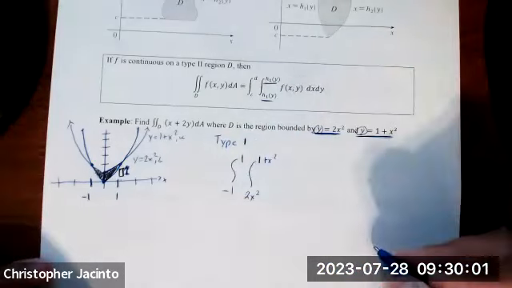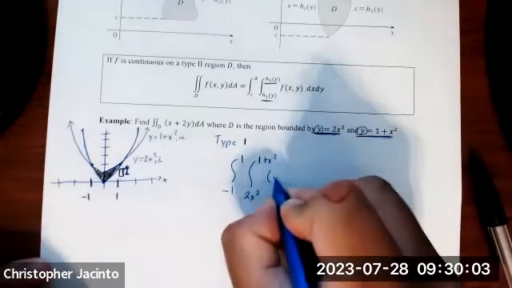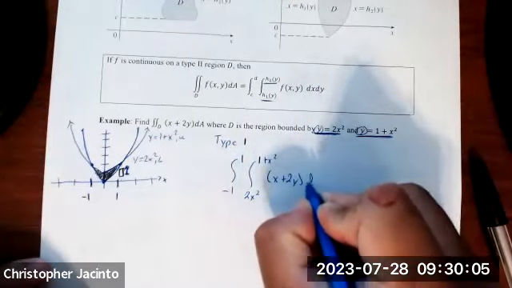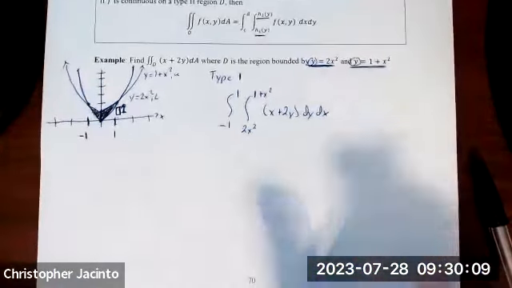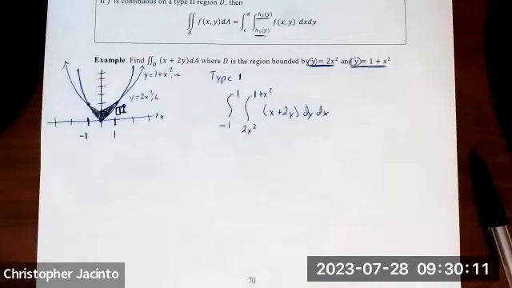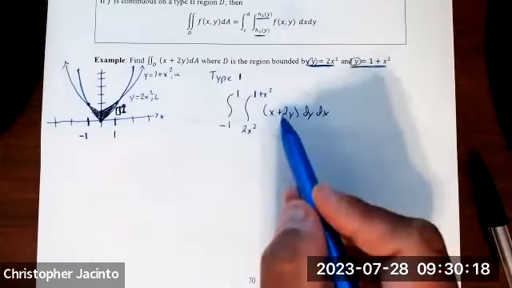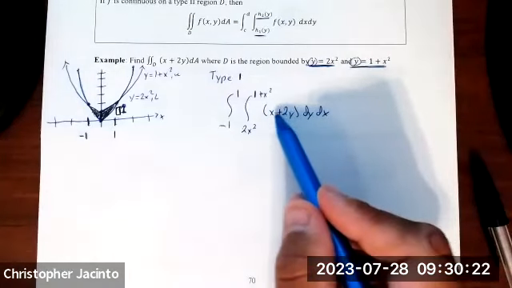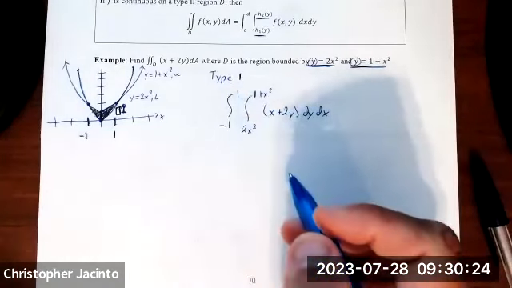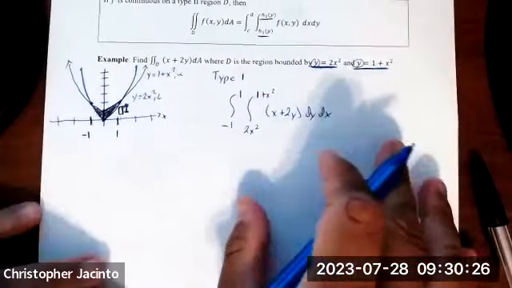And now we just plug in our region we're integrating from. Now, again, this one we can't separate because there's a plus in the middle, right? If it was x times 2y multiplying, then we can split it up like we learned last time.